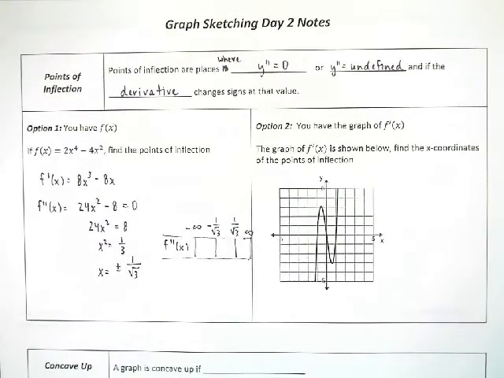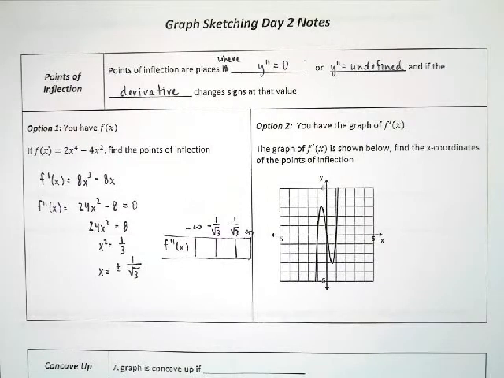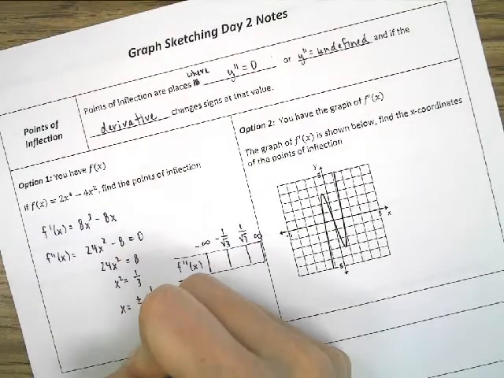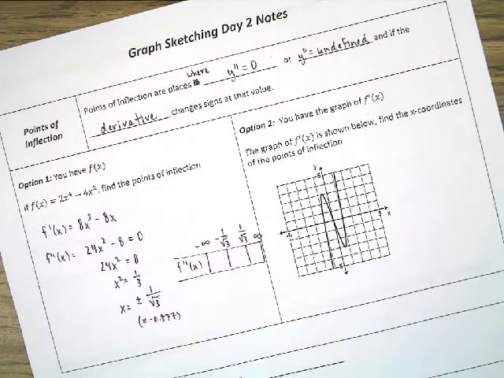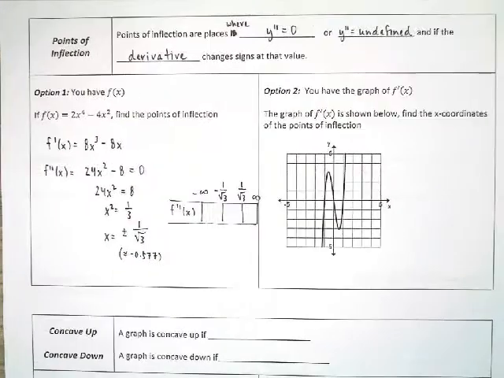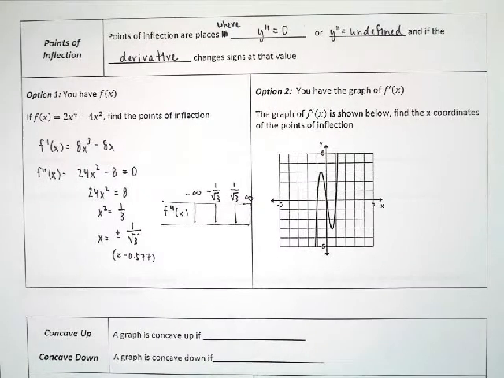Now, I know this is kind of a funky number that we're not used to working with, so if you pop that into your calculator, we would see that that number is approximately negative 0.577. So just to help us out, I'm going to make a note. So that'll help us picking out points to fill into our number line there.